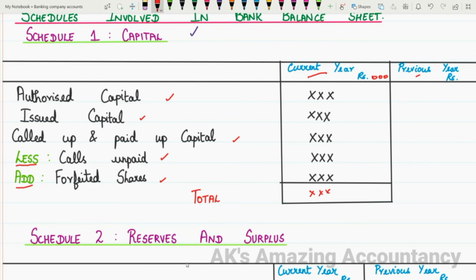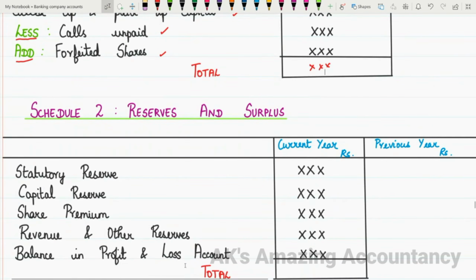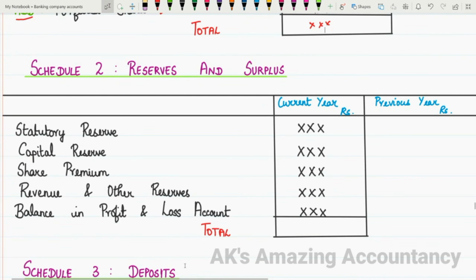What is the next schedule we have? The next schedule is Schedule 2, which stands for reserves and surplus. Under this Schedule 2, we'll have to enter statutory reserve. You know what the statutory reserve is, isn't it?